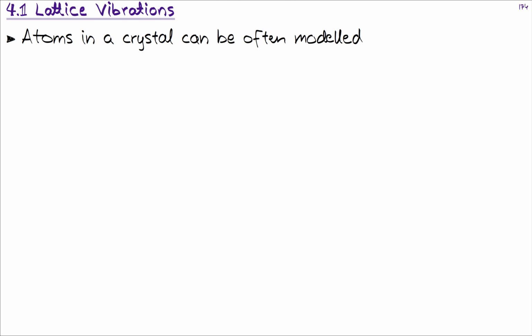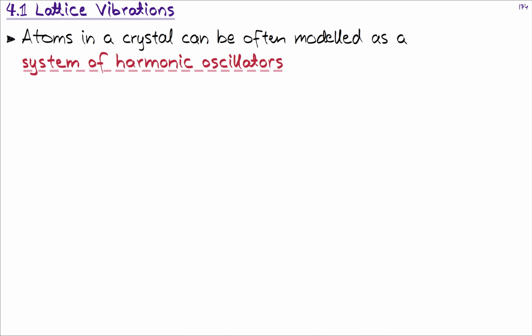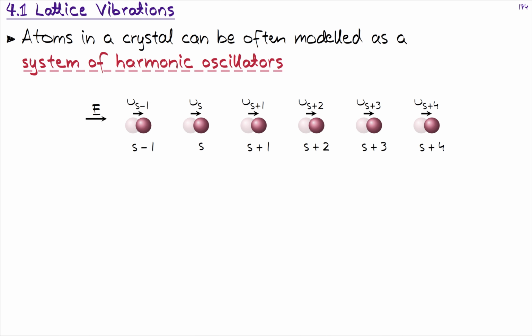So what we will do in this section is that we will consider atoms in a crystalline solid. And in this case, we can often model the situation for the solid as a system of harmonic oscillators. So this picture highlights what's happening and what we will do in what follows.